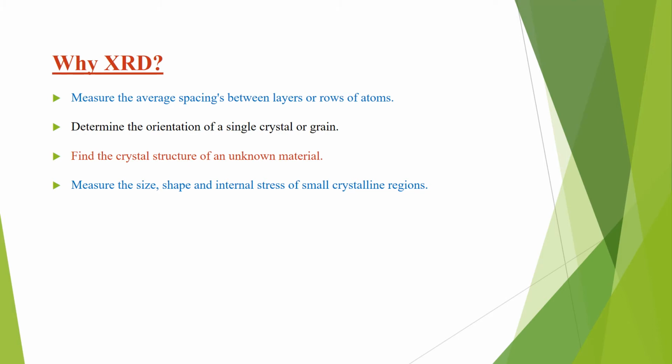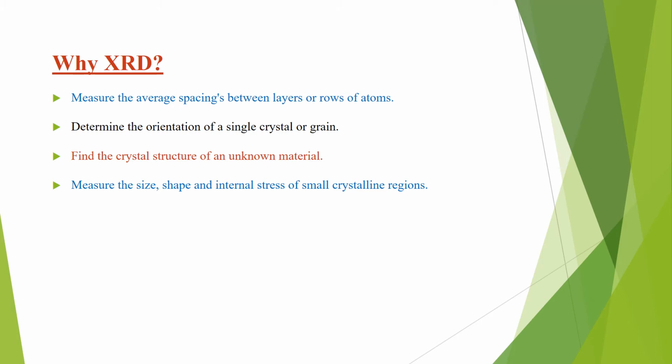XRD is also used to determine the orientation of a single crystal or grain, and to find the crystal structure of unknown material. It can measure the size, shape, and internal stress of small crystalline regions.